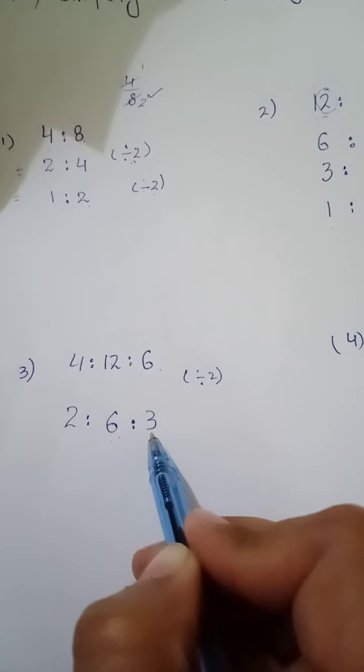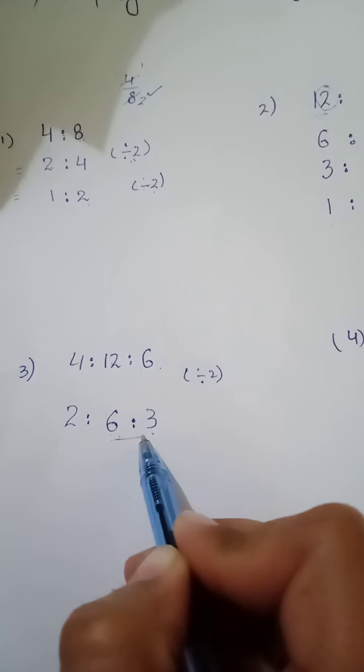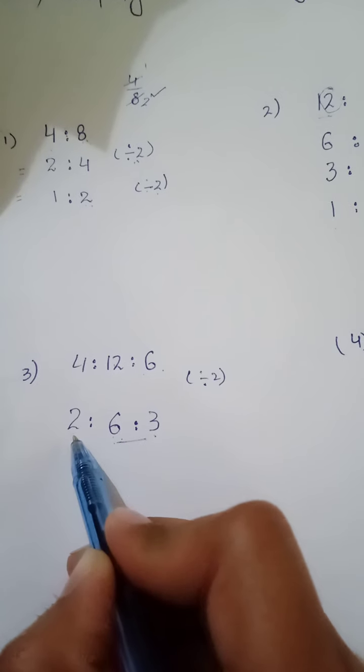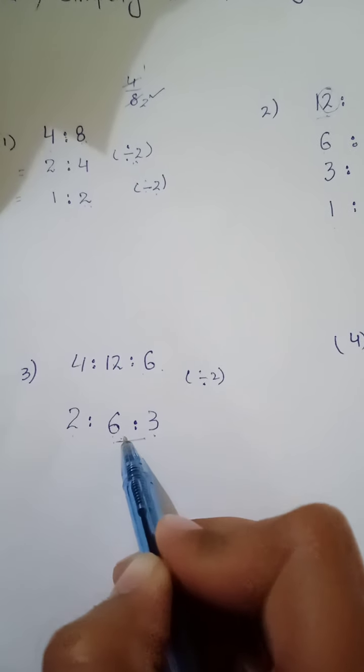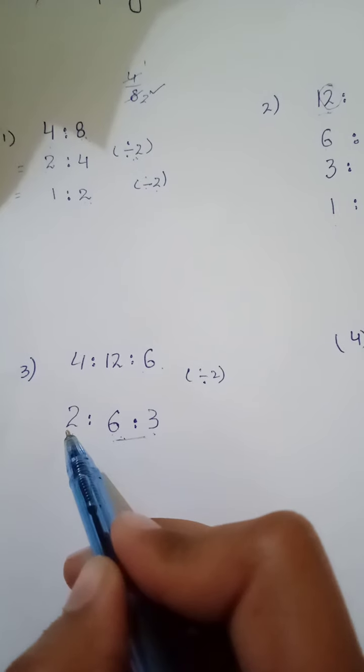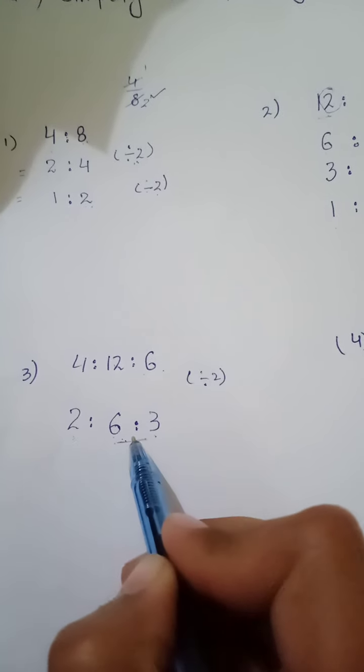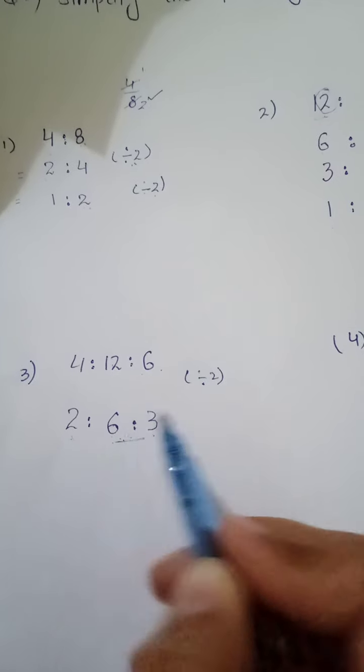Similarly, 6 ratio 3, these can be simplified on table of 3, but 2 doesn't come on table of 3. It means I have to stop my answer here, because there are no more common factors. Further division is not possible. This is your simplified form.